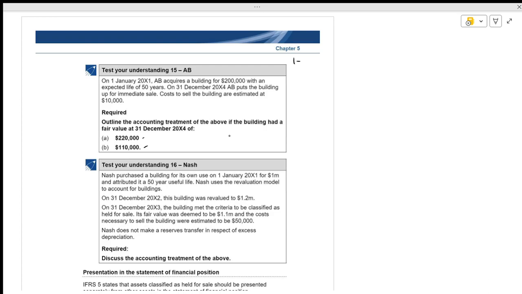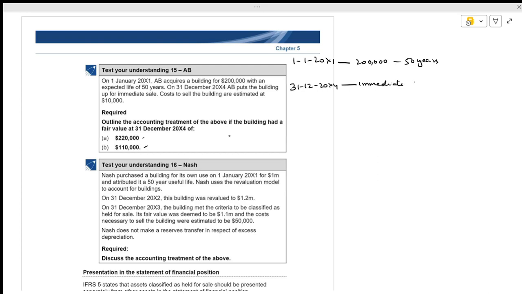On 1st January 2001, they acquired the building for 200,000 with an expected life of 50 years. On 31st December 2004, they put the building up for immediate sale.